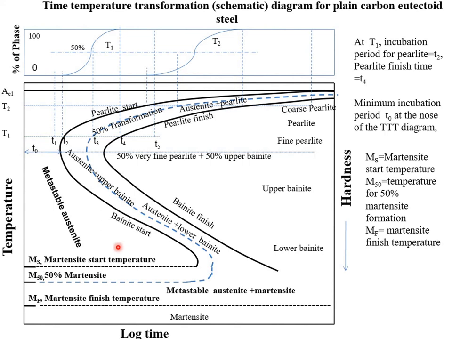So in order to get a martensitic phase, we want to suddenly cool it down and avoid this region. We want to cool it down very quickly, at a much faster rate.